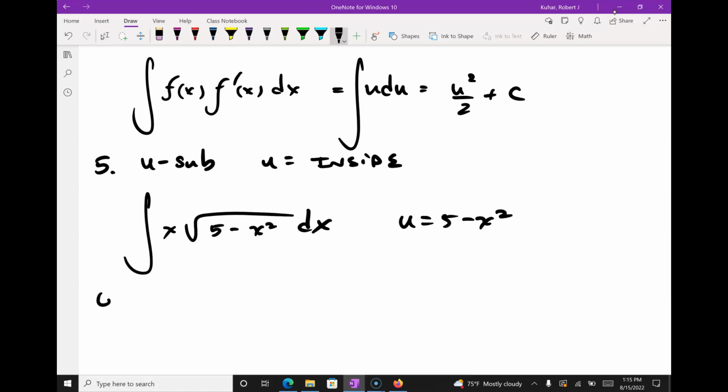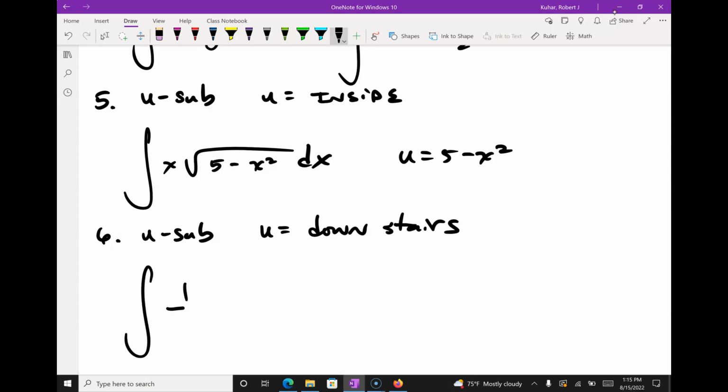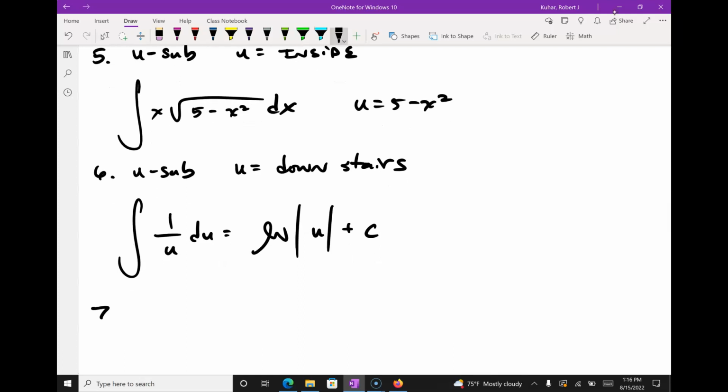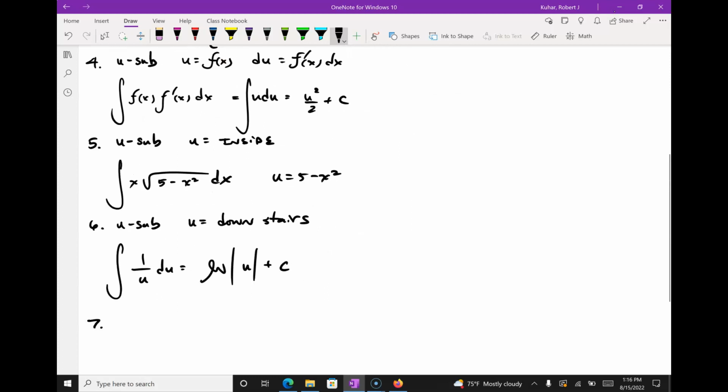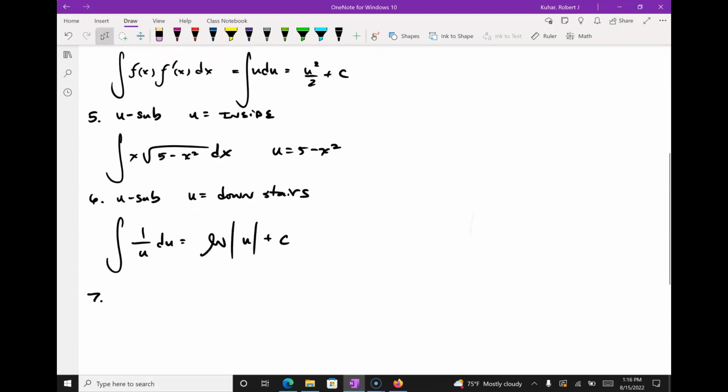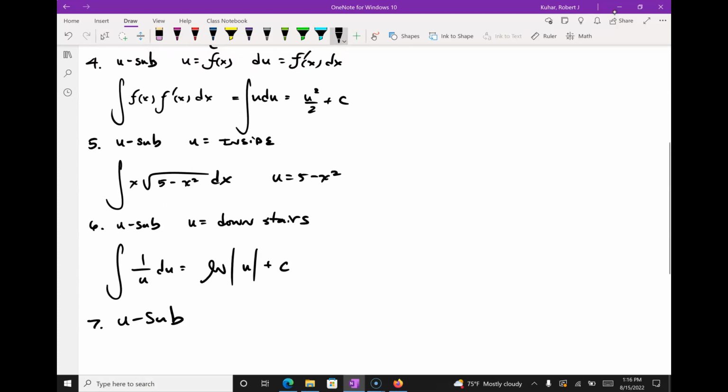Level 6, it's another U sub, but U is going to be the downstairs. And the main thing you have to worry about there is that you're going to get an ln of the absolute value of U, right? Level 7 is a U sub, but there'll be leftover x's.